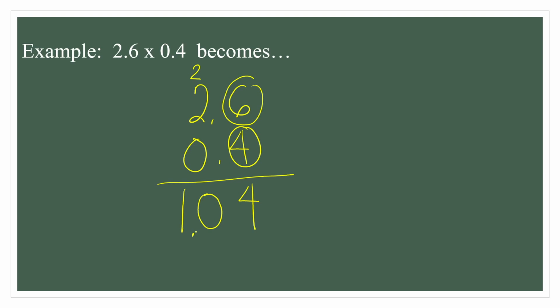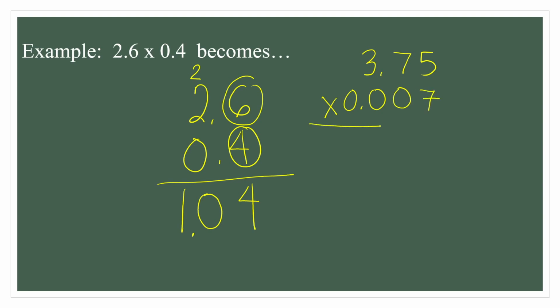Is the first example clear? Yes, sir. Okay. What if I'm gonna make this 3.75, multiply this by 0.007.